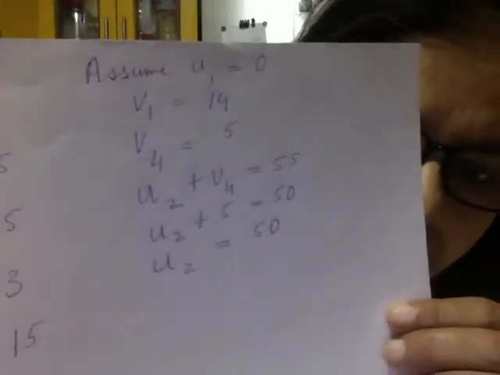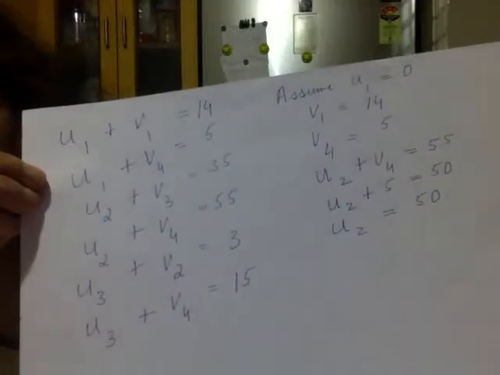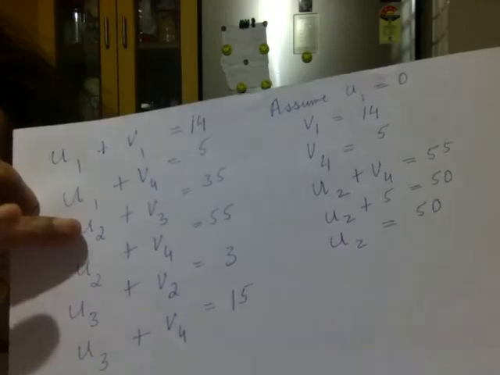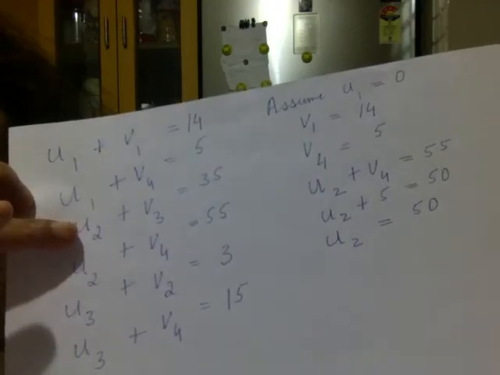Alright, next we know U2, so we can take equation number 3. U2 plus V3 is equal to 35. U2 is already 50, so 50 plus V3 is equal to 35.